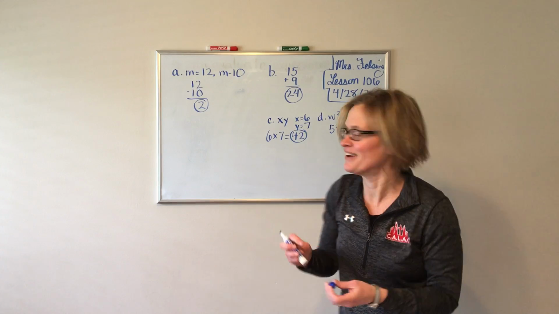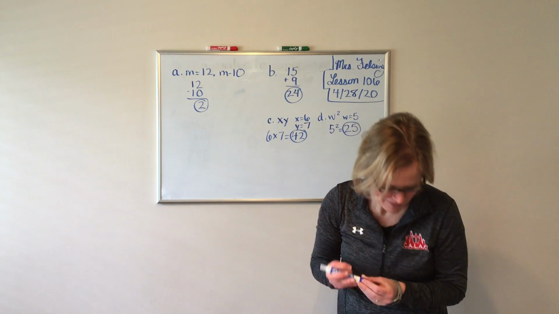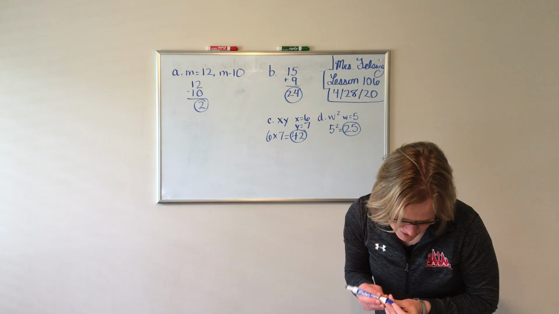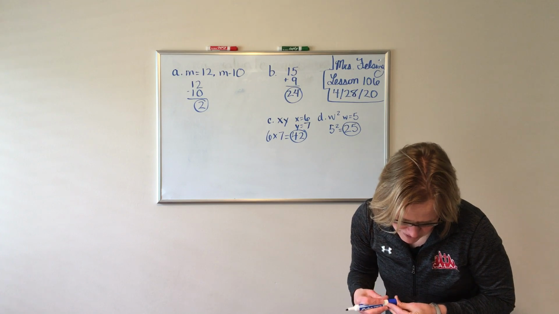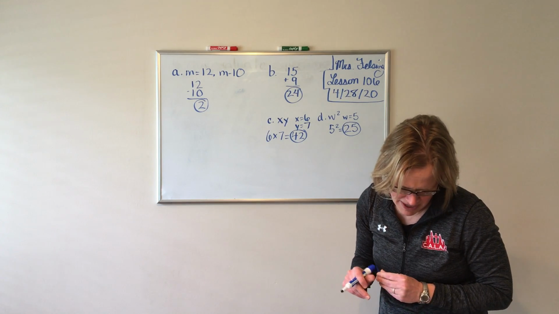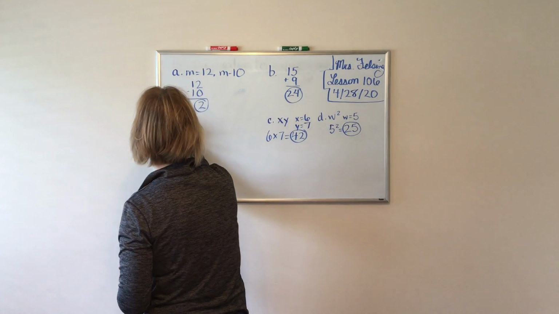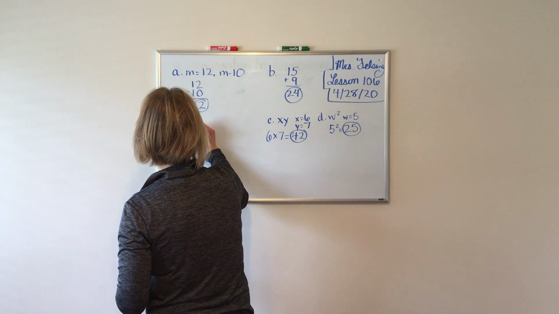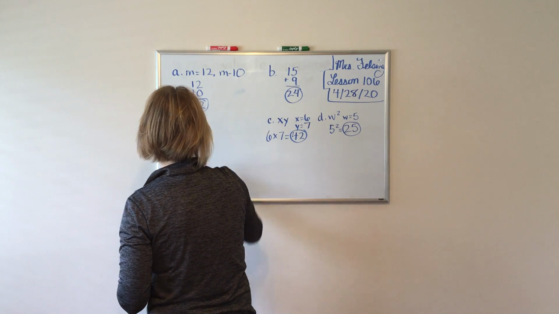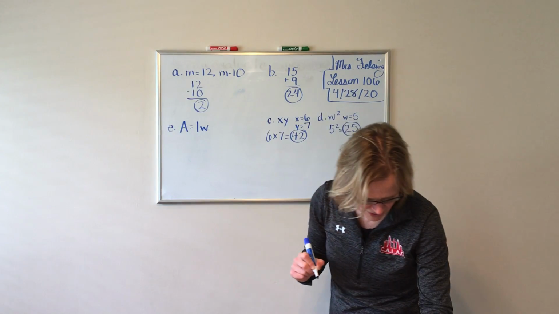Okay, so now let's take a look at letter E. E is if A equals LW, then what is A when L is 8 and W is 4? So let's do this. LW could say area equals length times width.